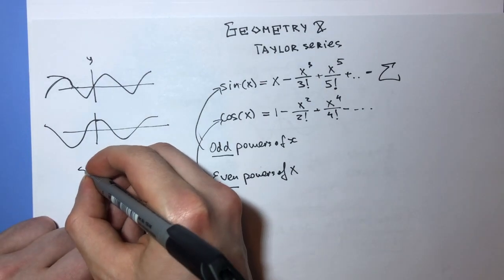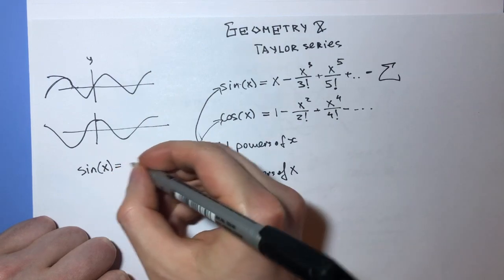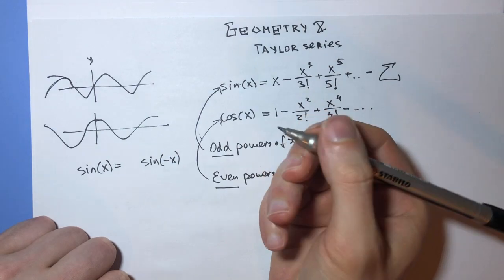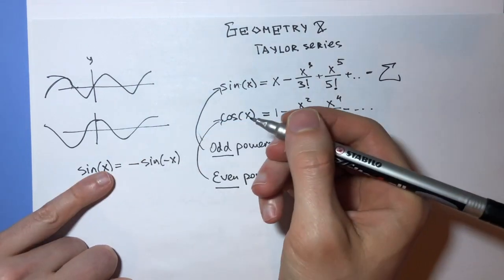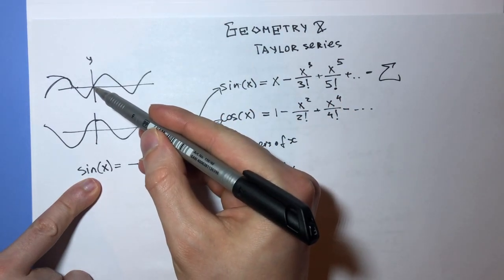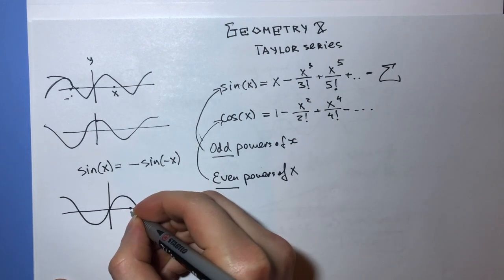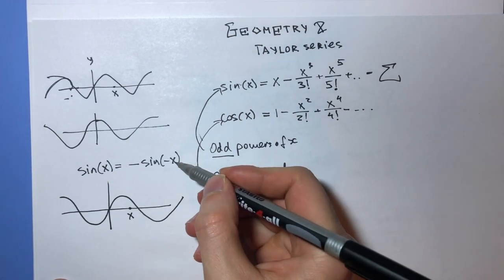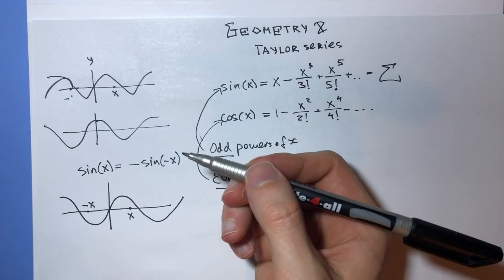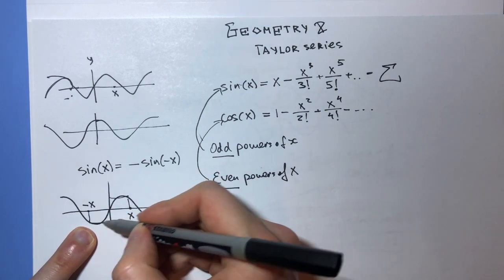So with sine of x, you know that if you take sine of minus x, it's going to be the negative of that of sine of x. And you can see it from the graph. So if you take some x value here, minus x is going to be reflected up here, and you see that the functional value is positive here and it's negative here.